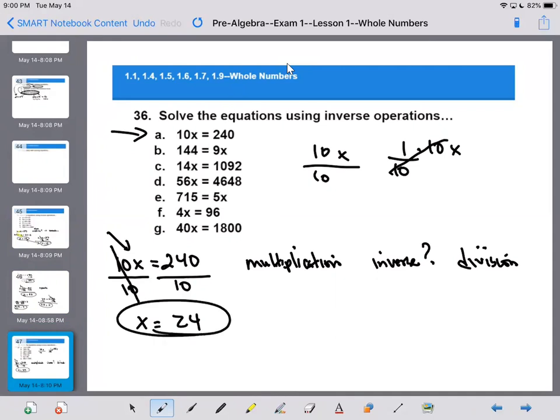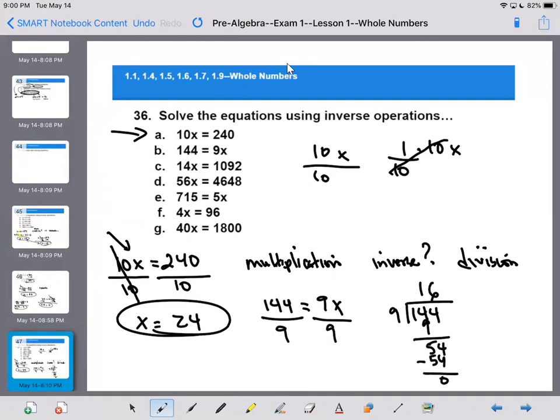Over here, we've got 144 equals 9x. So we want to divide both sides by 9. So 144 divided by 9 is going to be 16 because there's a remainder of 0. And then we've got 1,092 divided by 14.